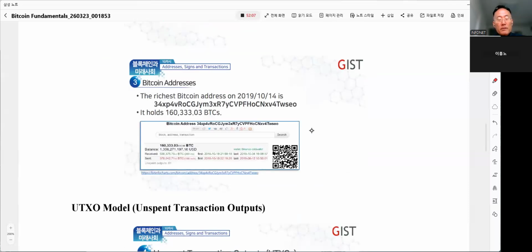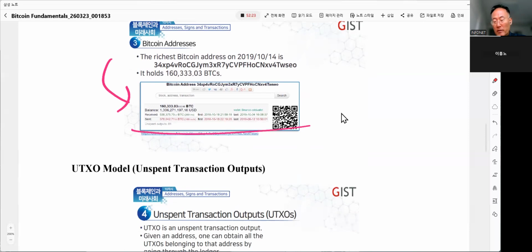Then you can take a look at the actual Bitcoin belonging to an address. You can search through the Bitcoin network, and you get the output, something like that.